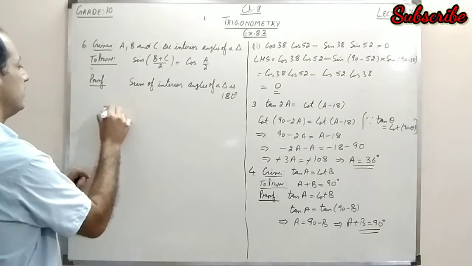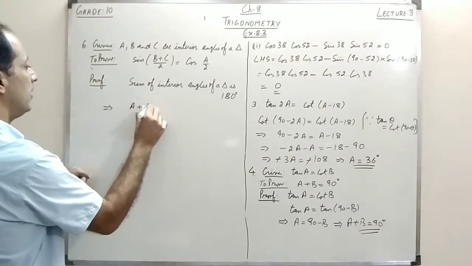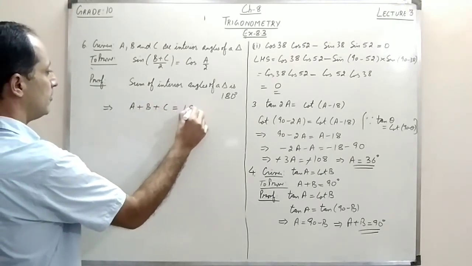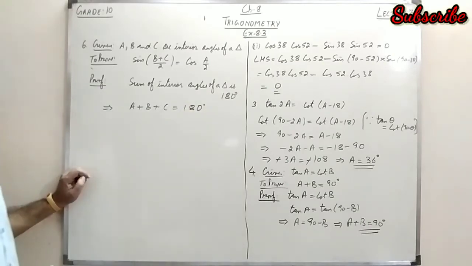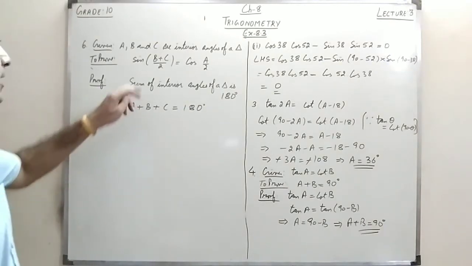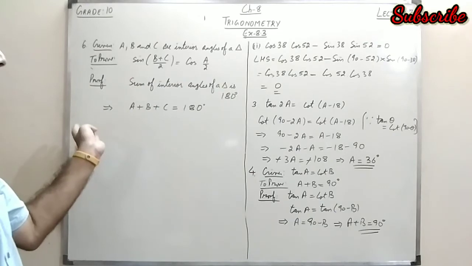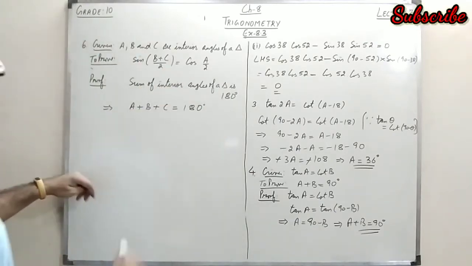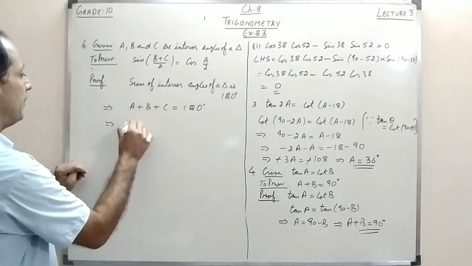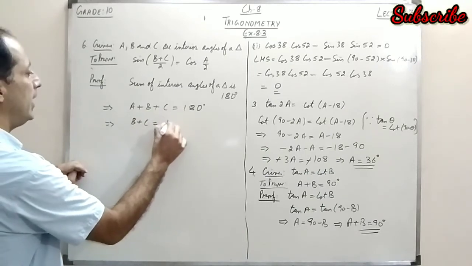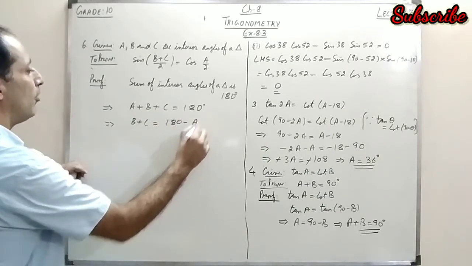So this means A plus B plus C is equal to 180 degrees. Now if you see the question, there is B plus C on one side and A on the other side. So I can write this as B plus C on one side and 180 minus A on the other side.